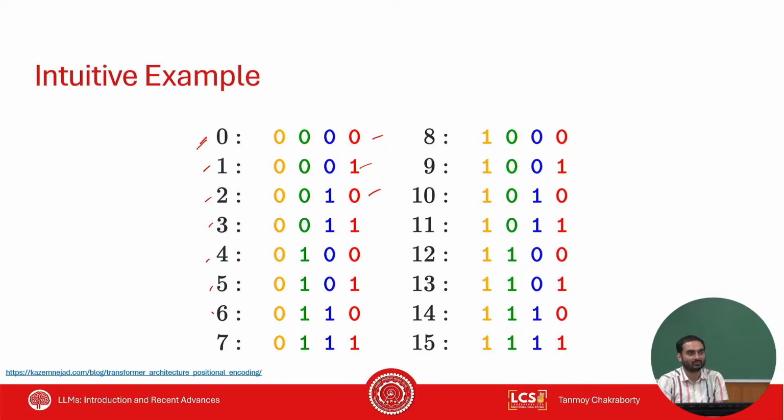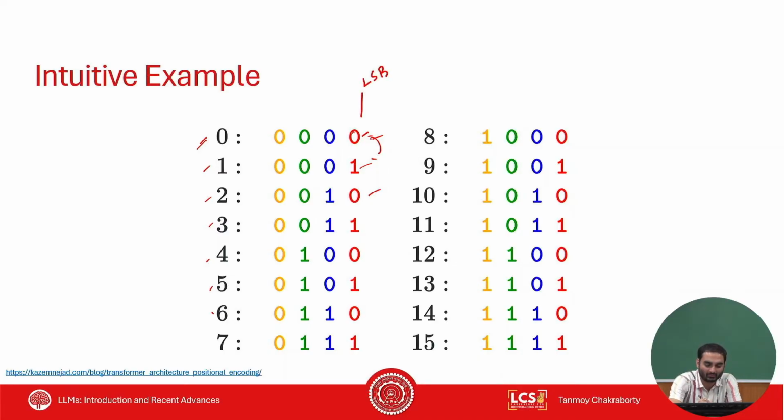But we can get motivated by this idea that if we use this kind of binary encoding technique, you can differentiate different positions. And how do we encode this kind of representation? Okay, now look at these vectors very carefully. Let's say this is the least significant bit, LSB.